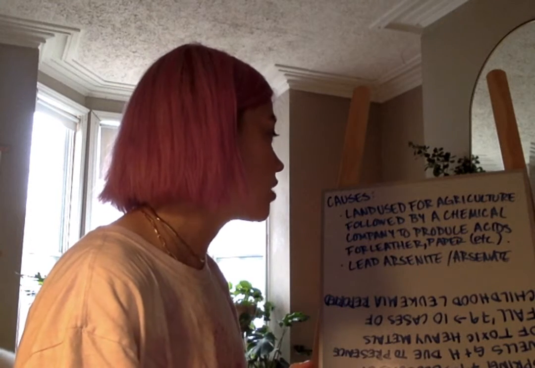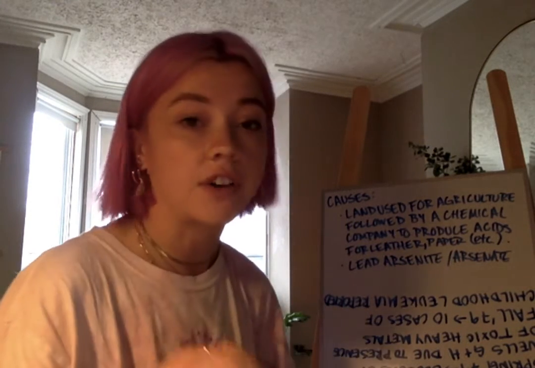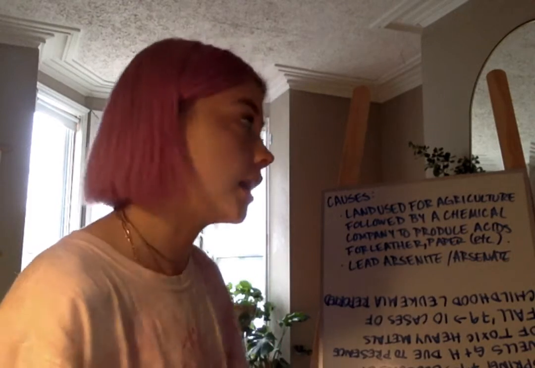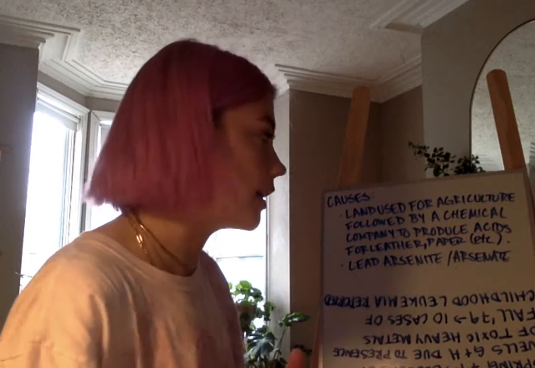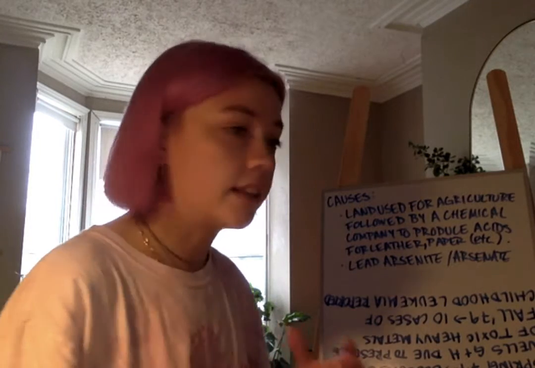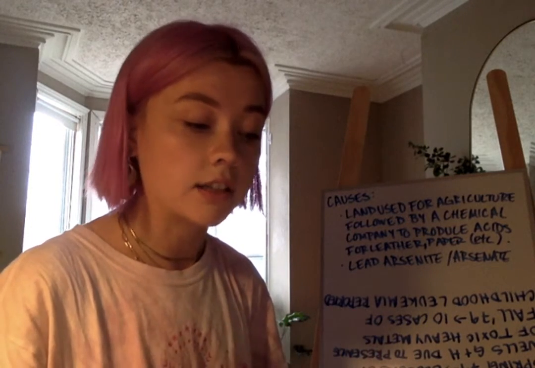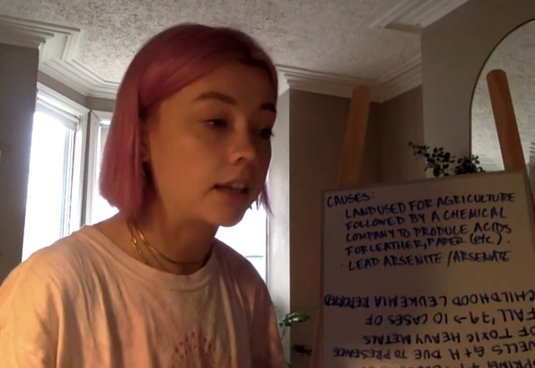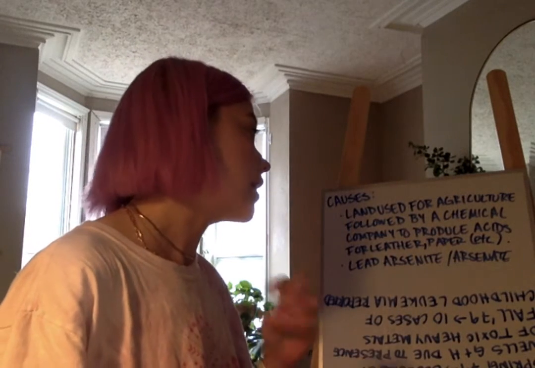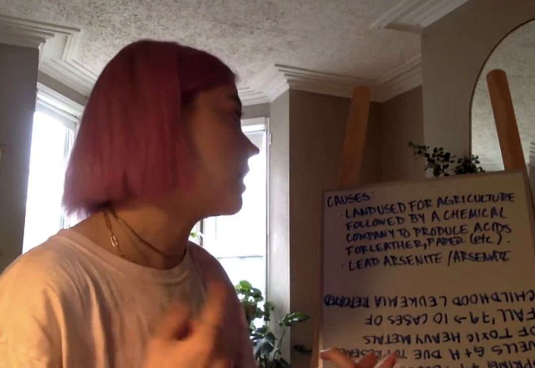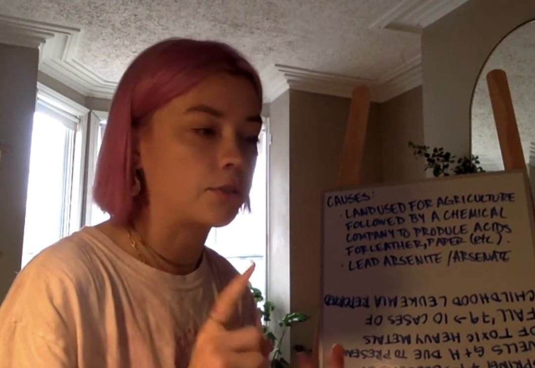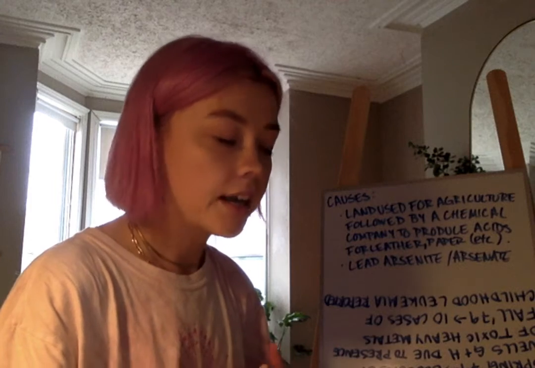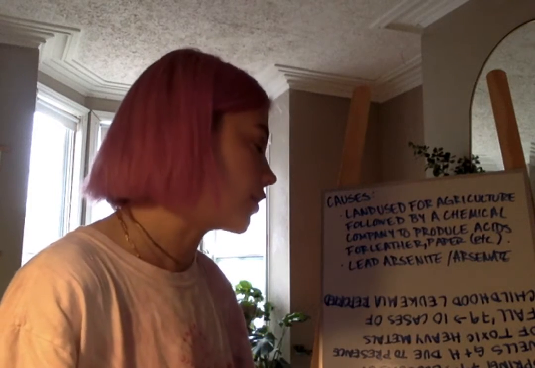And so the land was used for agriculture in the 17th century, and then later, I think around 1890, the land that was used for agriculture was bought by a chemical company, and that chemical company made acids and other chemical compounds used for processing leather and paper and other material as well.